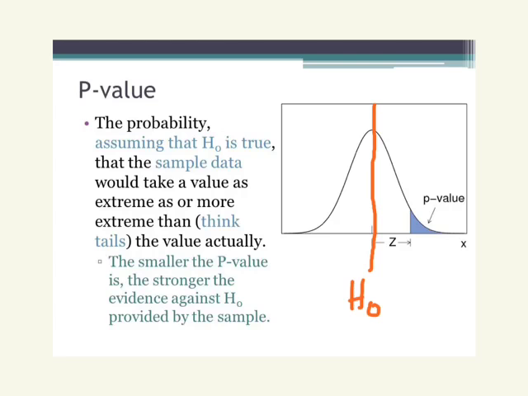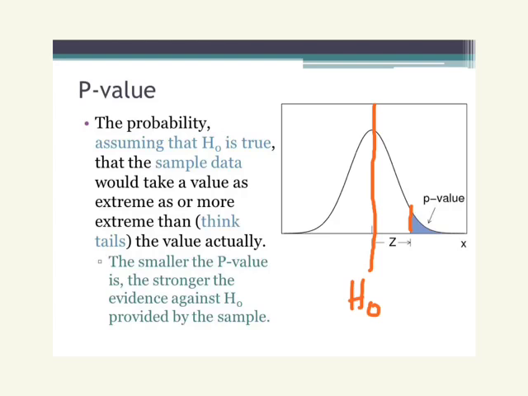So this is where our sample data would fall, wherever z would put us. And then the p-value represents the probability that we would get something that extreme or more extreme. So we're always shaded into the tail region. Our p-value is just the area under our curve beyond our z-score.